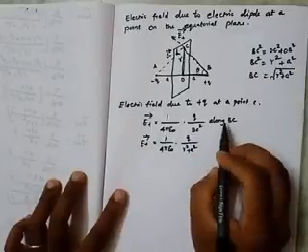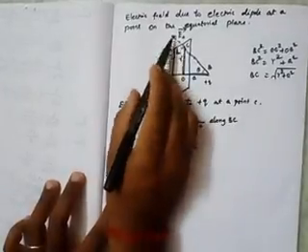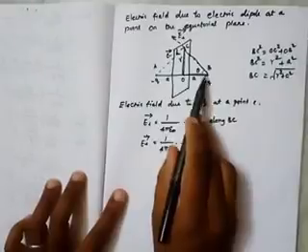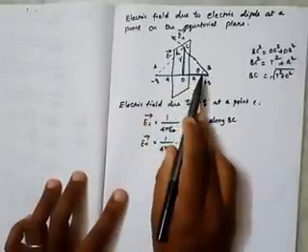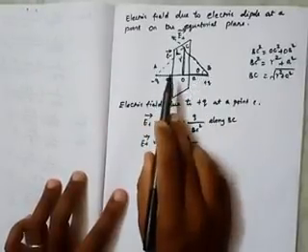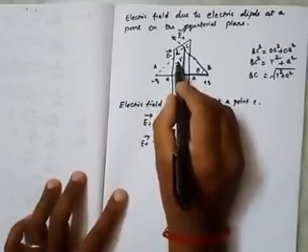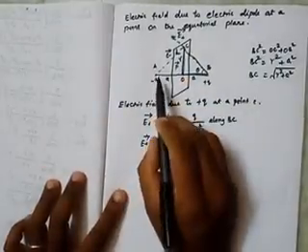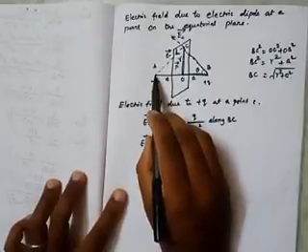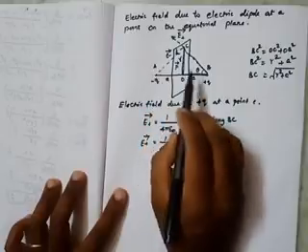Along BC means, due to the electric dipole, there is the electric dipole moment, that is p vector. This p vector is always directed from negative to positive.